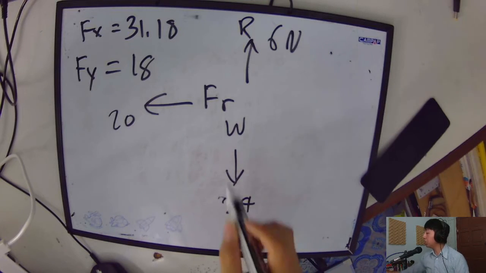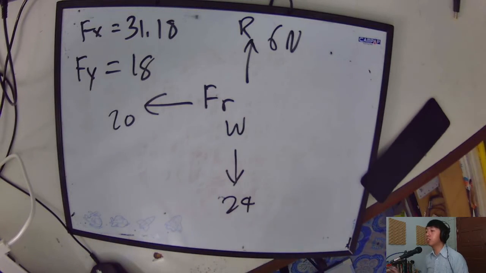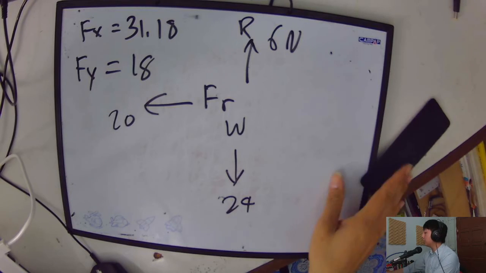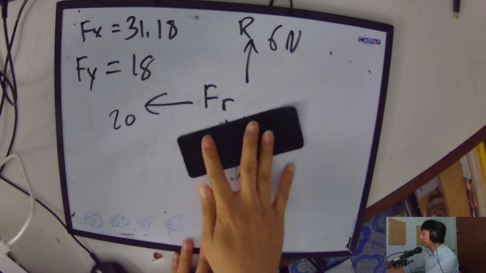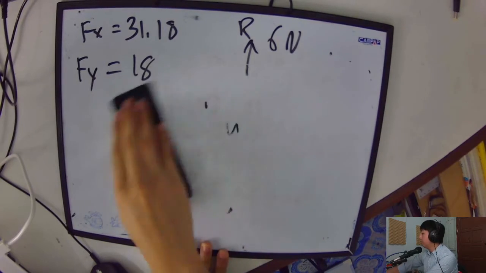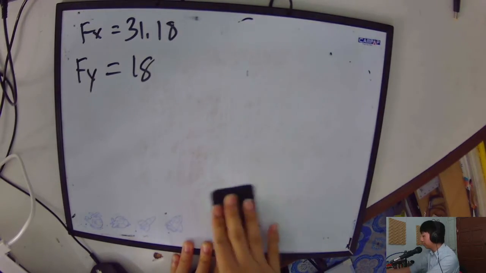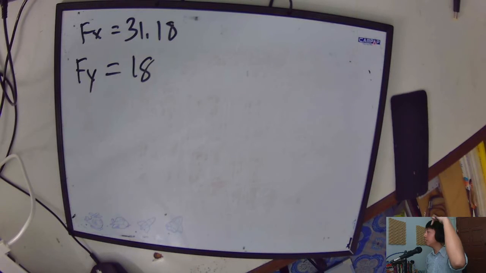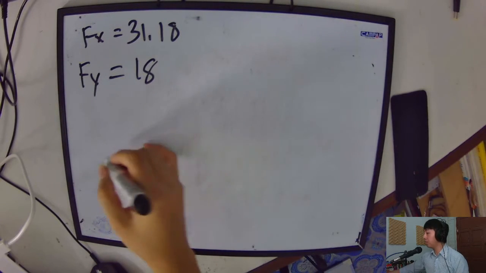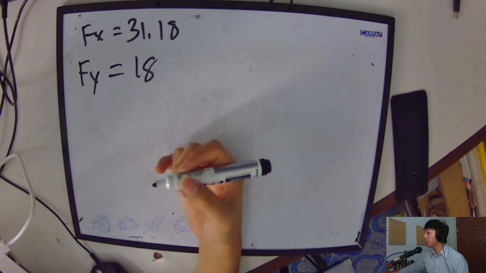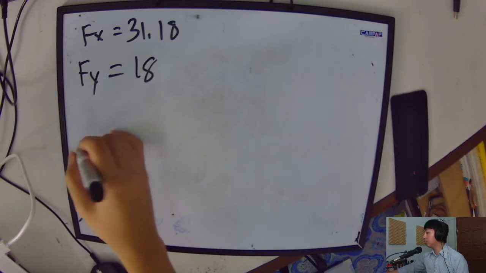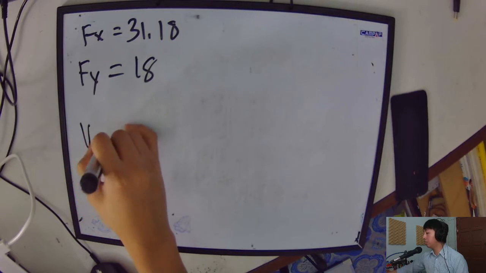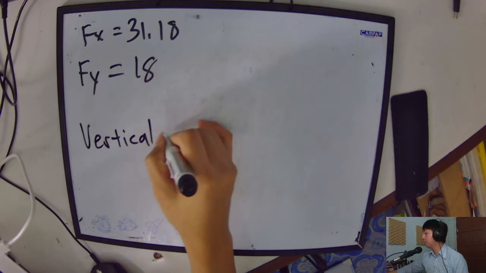So we need to calculate vertical and horizontal separately. That's what we usually do. So first, let's calculate the vertical. For vertical, up is positive, down is usually negative. So what do we have here? First we have the weight. Let's call it vertical force.